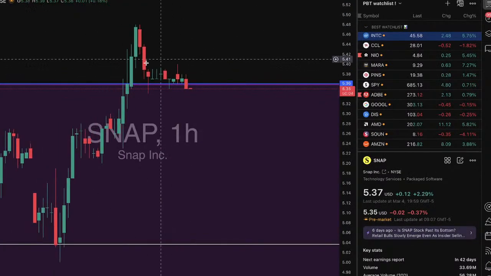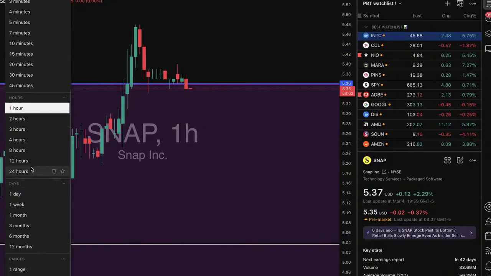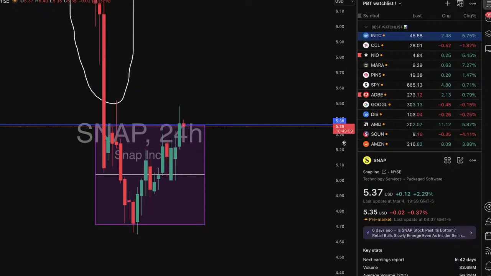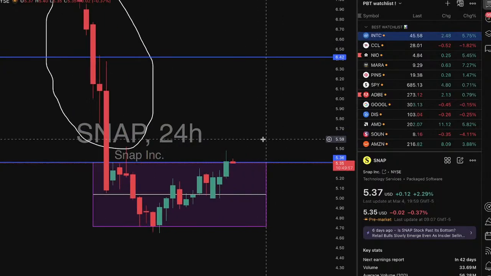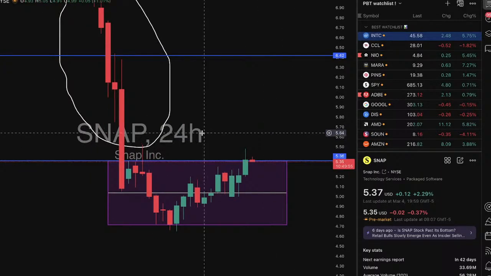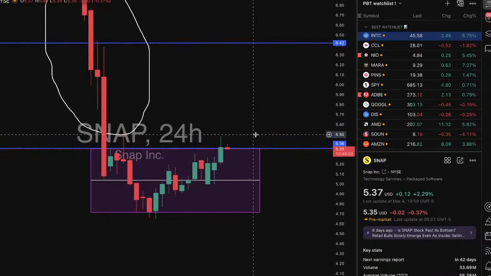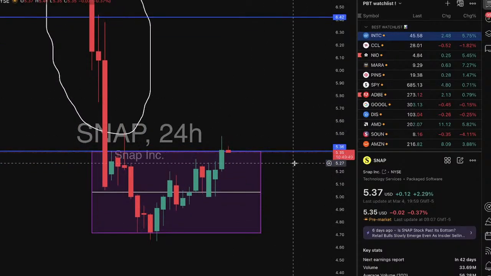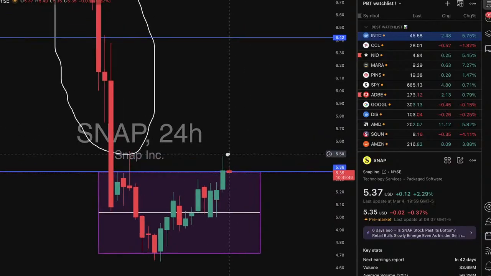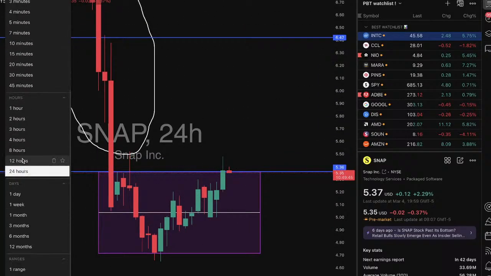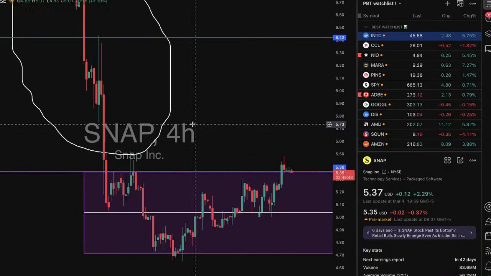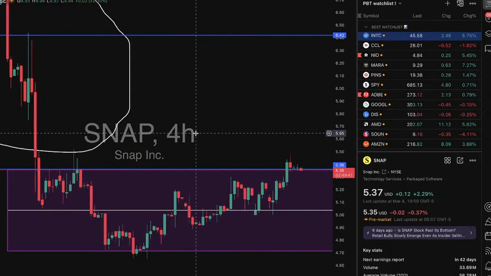All right, yeah, for SNAP here, we actually closed above just a bit here. I think I like the 4-hour chart a little bit better, but this is pretty much that retest level. So if we do not retest that 536 to the upside, we could end up dropping there. I remember doing this one yesterday on this 4-hour.